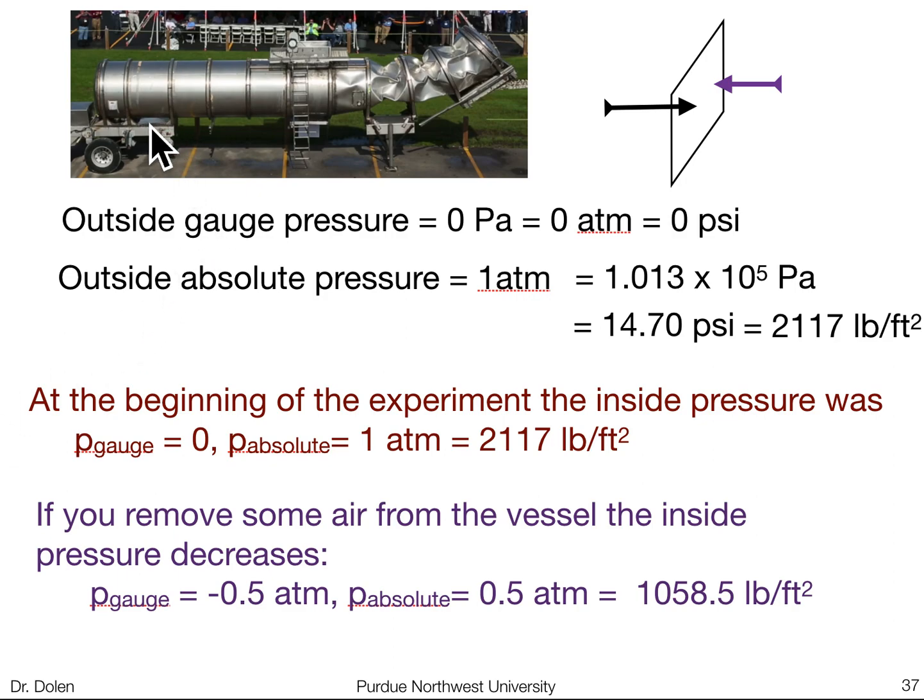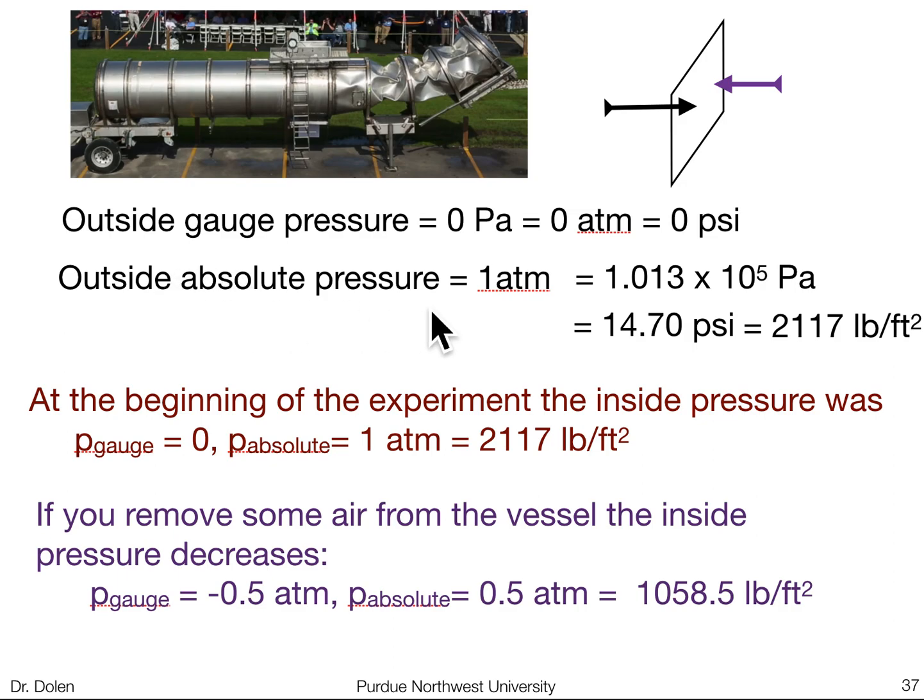So outside the pressure vessel, what is the gauge pressure? Well, the gauge pressure is just 0 pascals, 0 atmosphere, 0 psi. If you had a normal pressure gauge outside this pressure vessel, even though the real pressure is 1 atmosphere, your gauge is going to tell you 0 atmospheres or 0 pascals or 0 psi, because that's what it's calibrated to do. It's calibrated to say 0 psi when it's in 1 atmosphere of pressure.